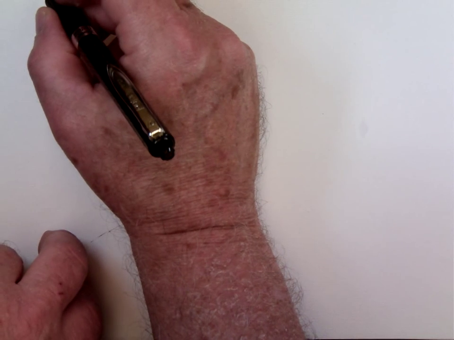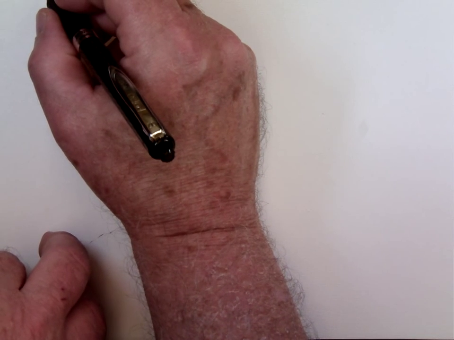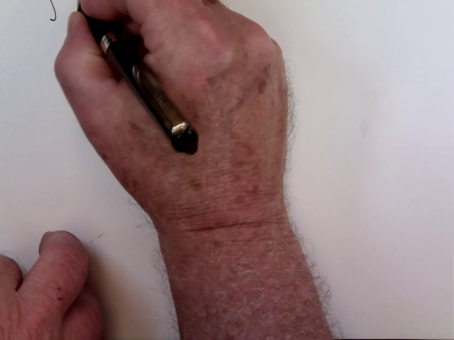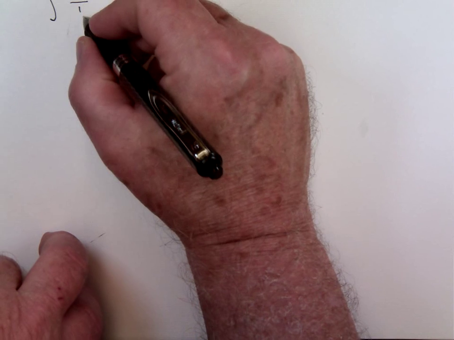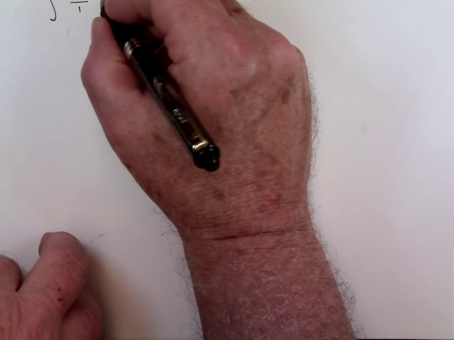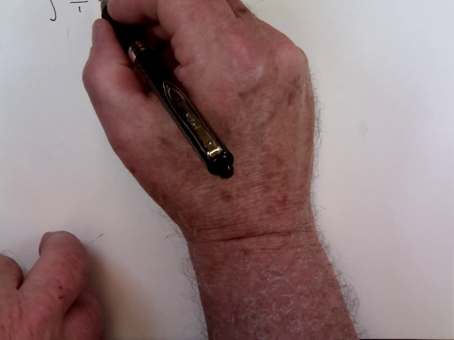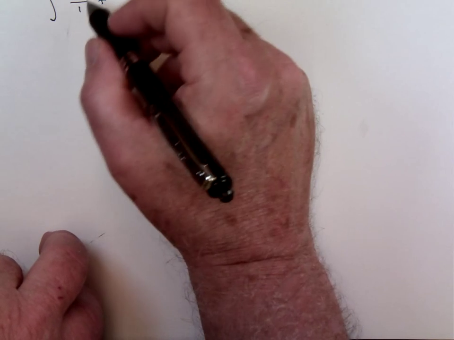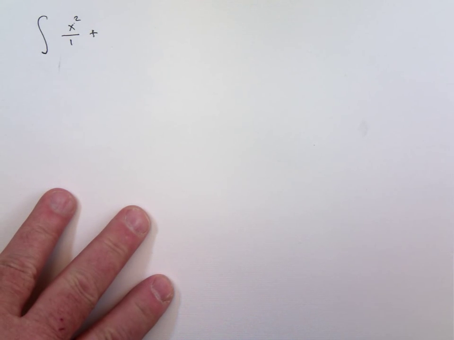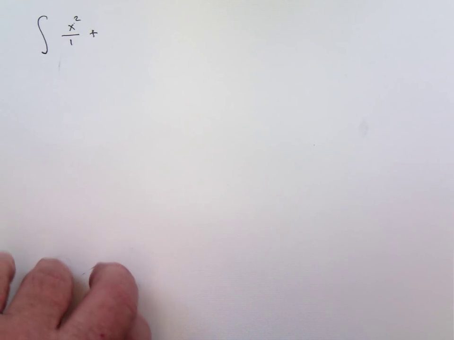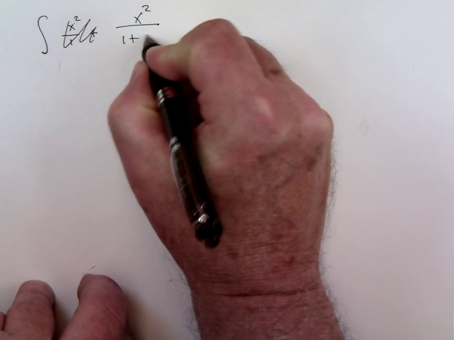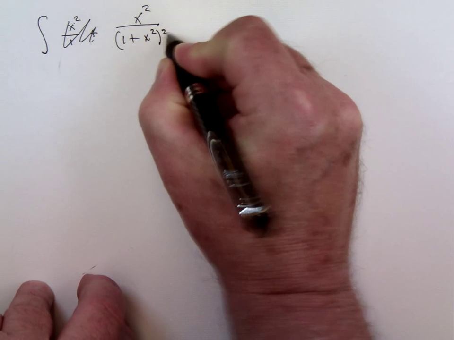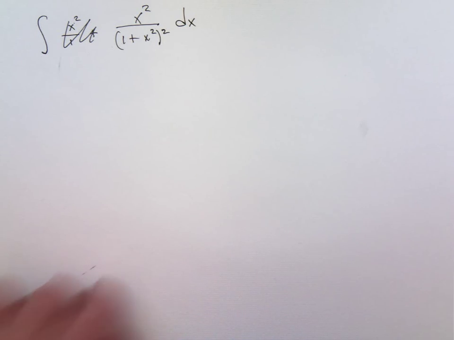The problem is the integral of x squared over the quantity of 1 plus x squared, squared, dx. Right. Okay, let's take a look.